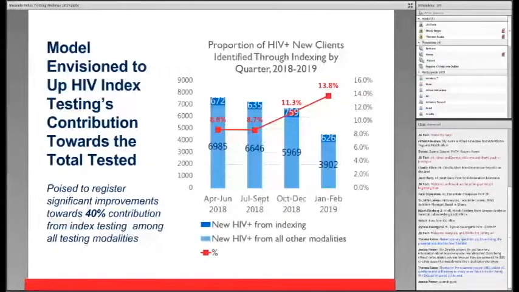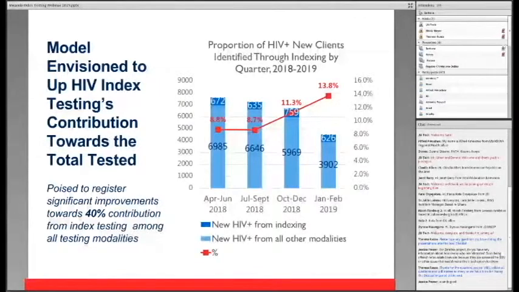Within the project, we have got a target, one, to ensure that by March next year, 2020, at least 40% of all those that test positive at a project level should have actually come from HIV index testing.